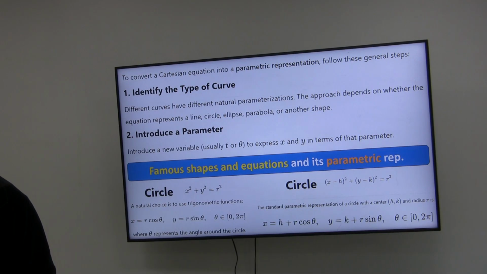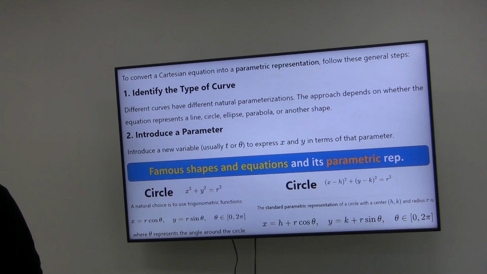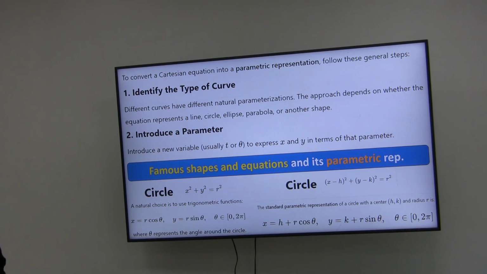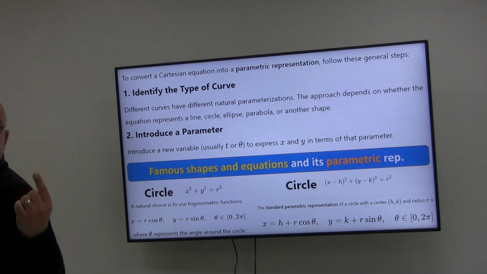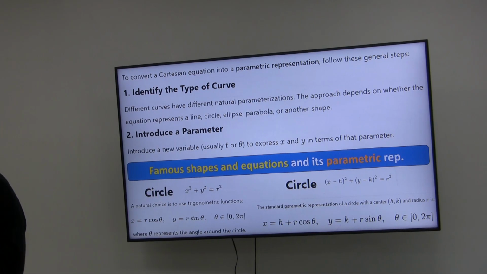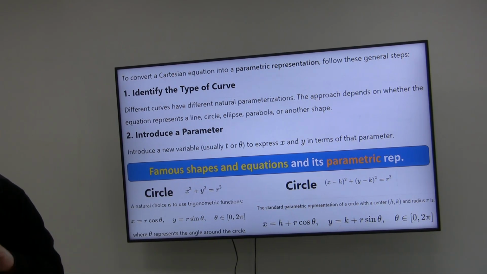Now I know the circle when the center is the origin, and the circle when the center is not the origin. What's the second famous shape that we dealt with in the previous slides? The ellipse. The difference will be really minor. What's the difference between a circle and an ellipse? The circle has only one radius, but in the ellipse you have two of them: semi-major axis and semi-minor axis.